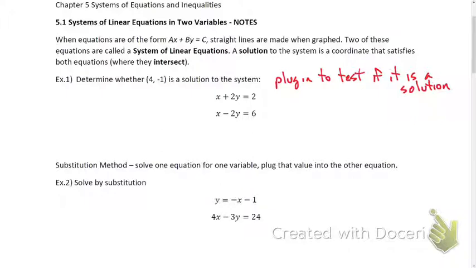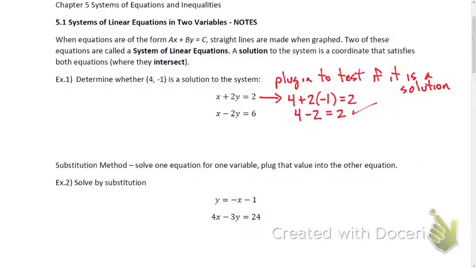So let's plug in 4, -1 into the first equation. And we end up with 4 minus 2, which does equal 2. Whoops. There we go.